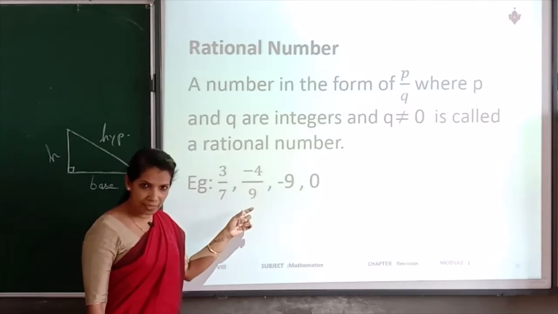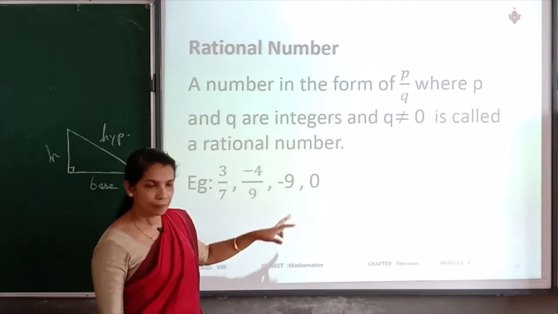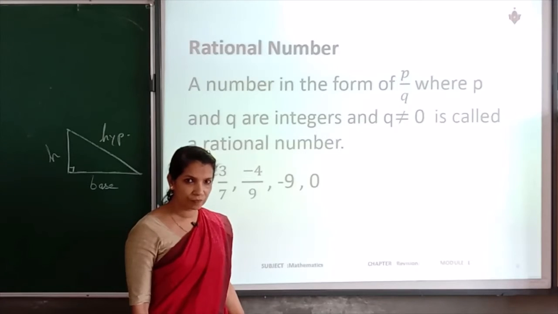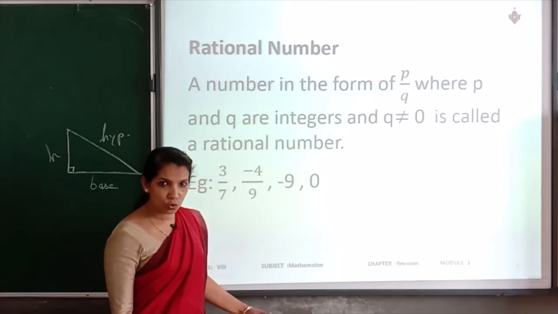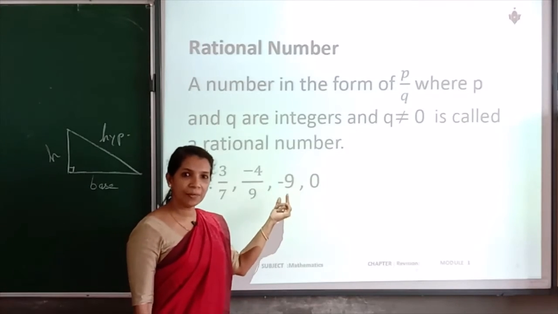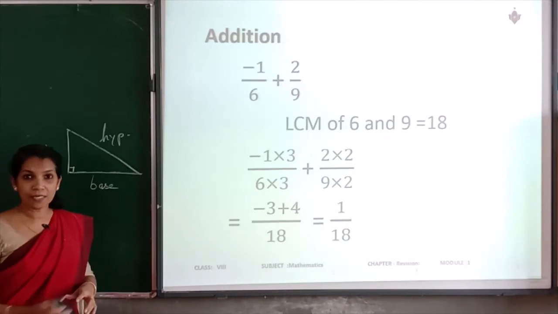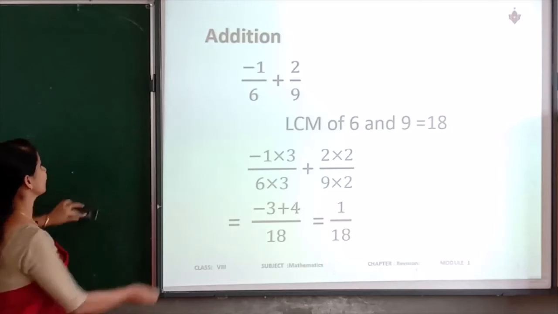Minus 4 by 9. And see this example, negative 9. Is it a rational number? Why? Because negative 9 can be expressed as negative 9 by 1.